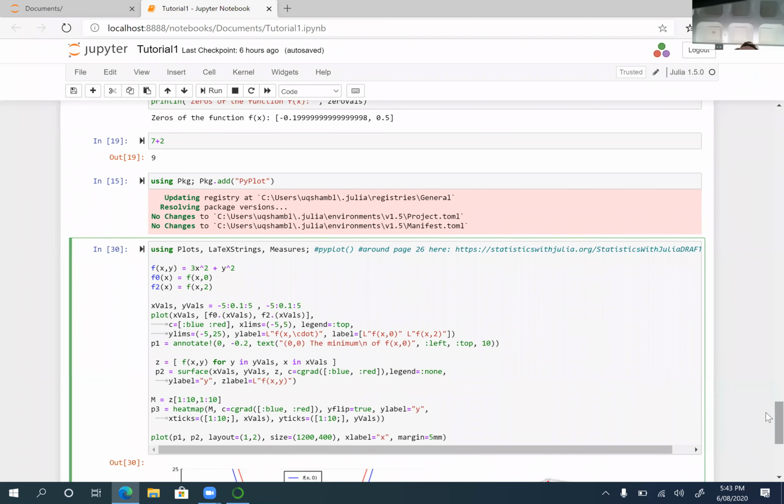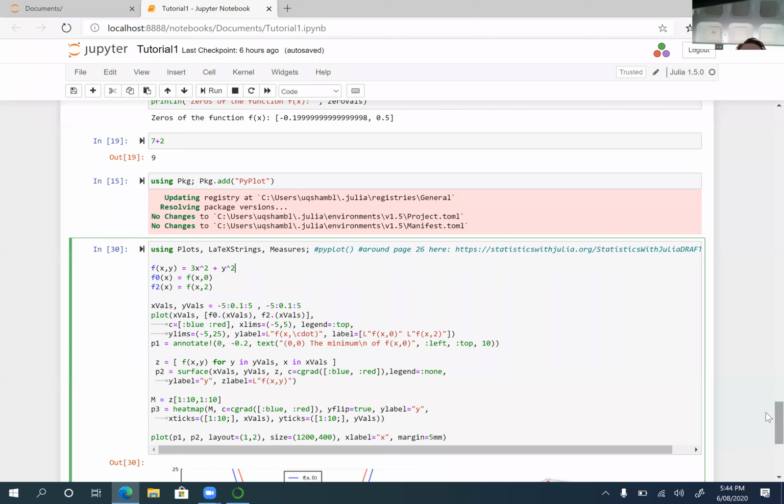Okay, now you can consider vertical slices too. A vertical slice would look like a parabola for this function, and that's what we're doing below that. F0 of x equals f of x comma 0. That puts y equals 0 into the original function, so what we're looking at is just 3x squared, which is of course a parabola.